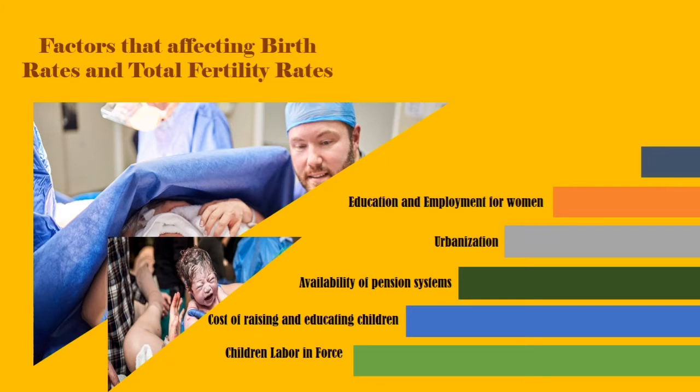Then another is the infant mortality rate, sometimes also defined as the death rate, referring to the number of deaths of infants in a particular population. Then we have also the average marrying age.